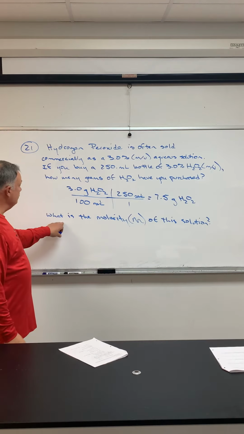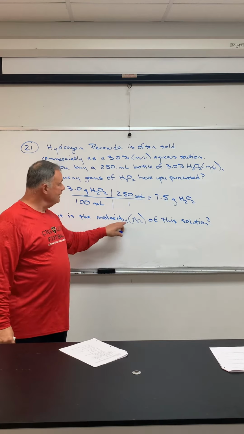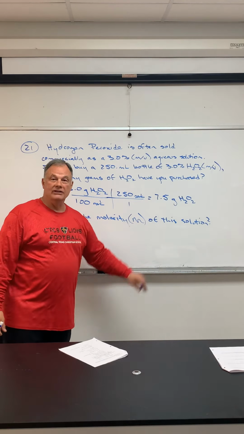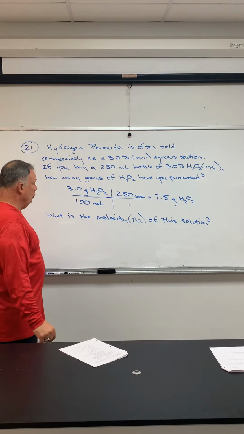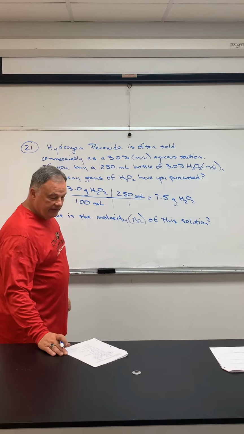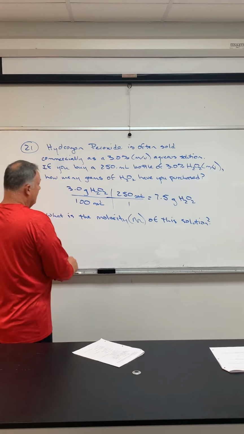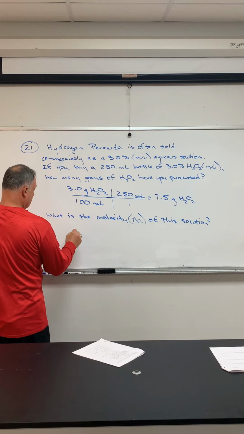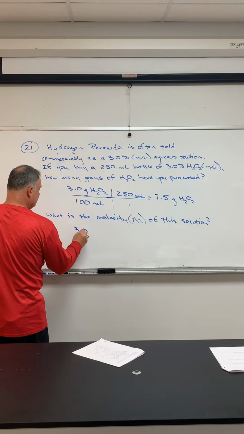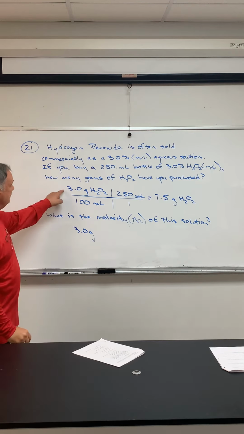The next part says, what is the molarity, that's big M, of this solution? Again, to understand this, you need to basically understand that you have the 3.0 grams of this material.